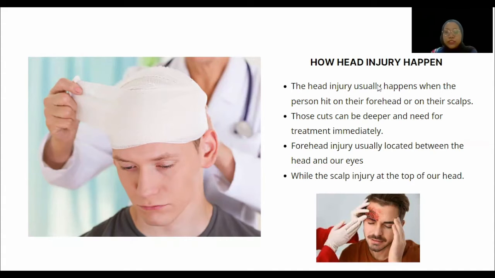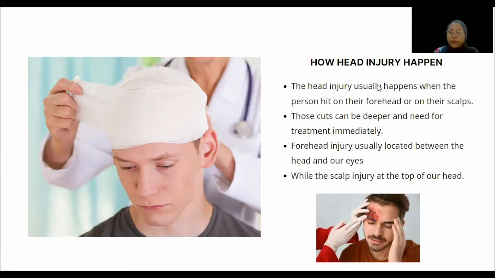I chose the forehead injury, which is located between the eyes, and then the scalp here, and the injury usually happens in this area. For the scalp injury, it usually is on the top of our head. This type of head injury usually happens when kids bump into things and hit their head.